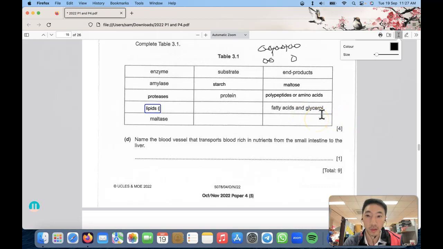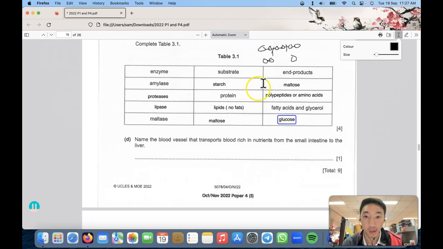Don't write fats, because lipids is the right term. The lipids is the substrate and the enzyme is the lipase. Then maltase works on maltose to give you glucose.